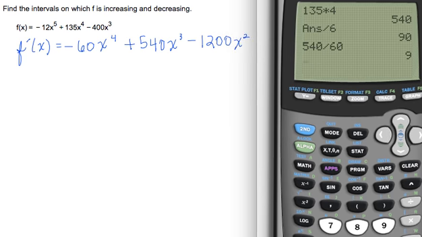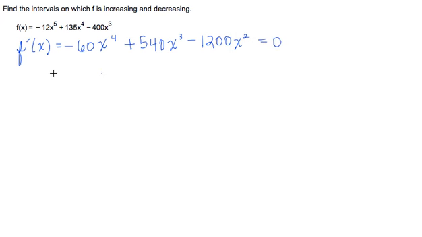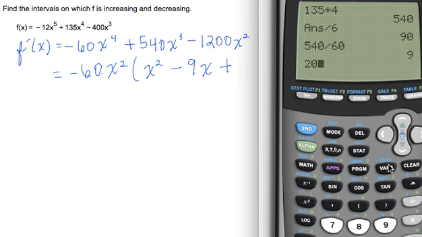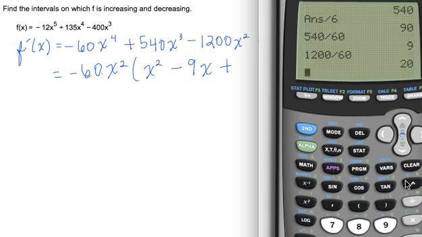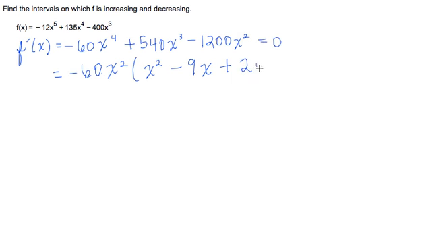So let's take a negative 60x squared out of everything to make this easier to solve, leaving us with positive x squared minus 9x plus, 1200 divided by 60 is 20, equals 0. And let's see, does that factor?